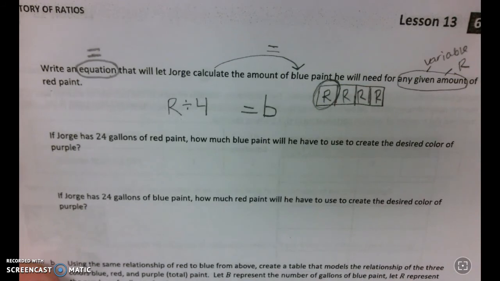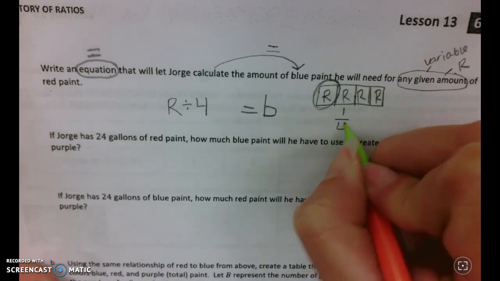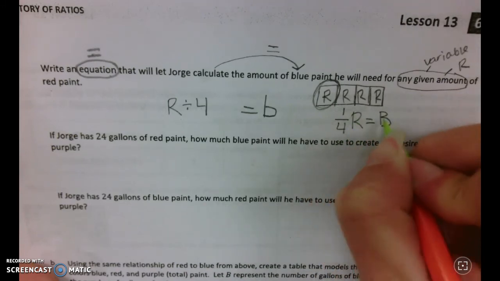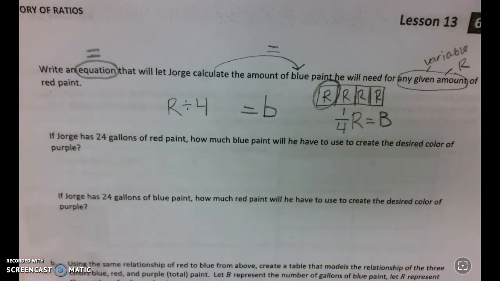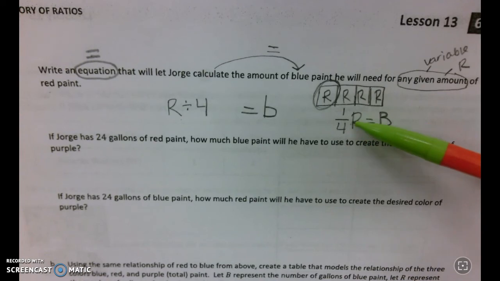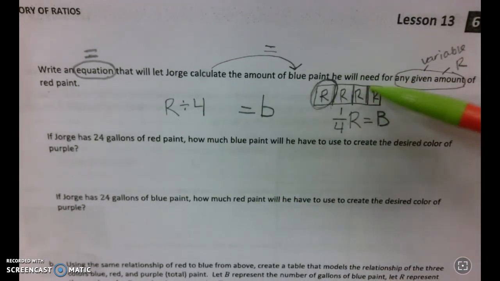So 1/4 of the group of red, which could be written like this: 1/4 red equals blue. So we will find this connection that timesing by 1/4 or finding 1/4 of the red group is the same as taking red and dividing it into 4 pieces. Because notice that's exactly what I did, is I took my red amount, divided it into 4 pieces.